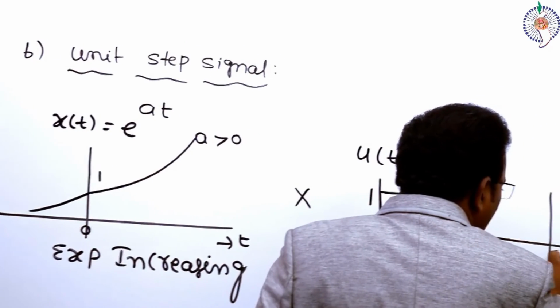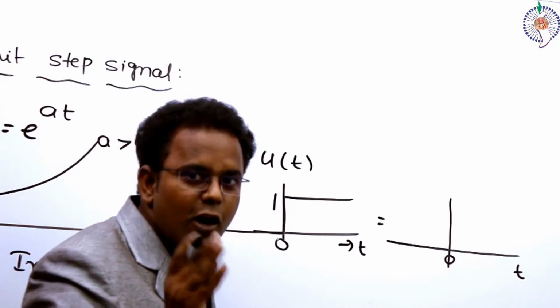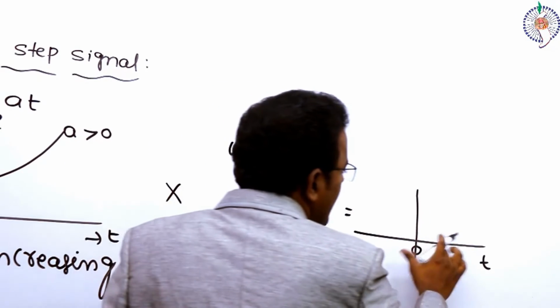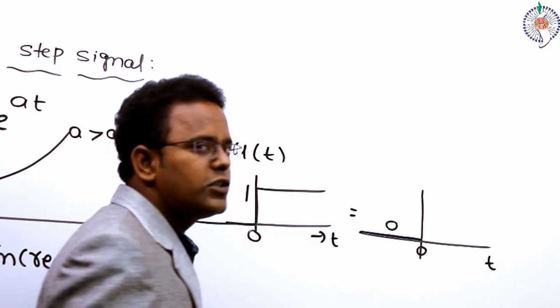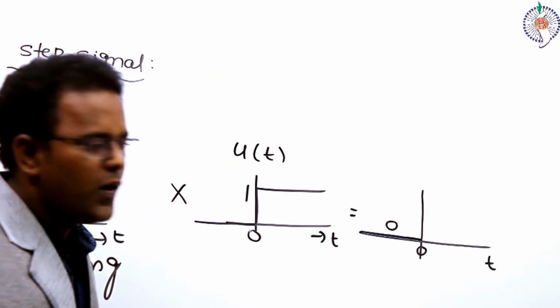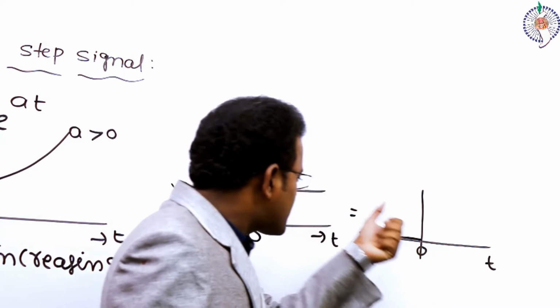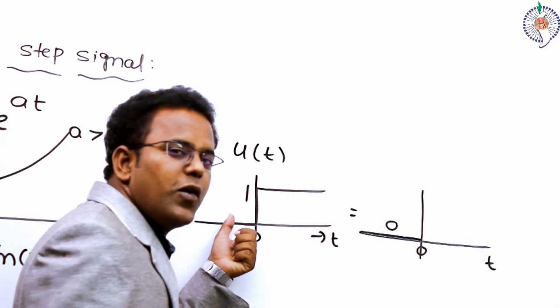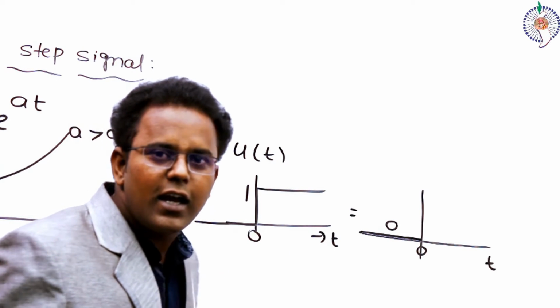I can say blindly that the signal exists only for t greater than 0. Left side values are clearly 0. Why? Our step signal value is 0 for t less than 0. 0 multiplying with any signal gives 0.